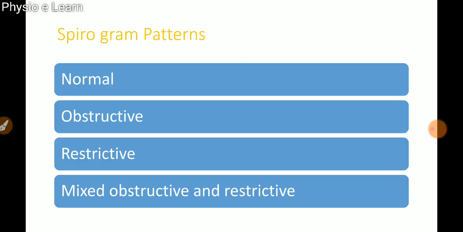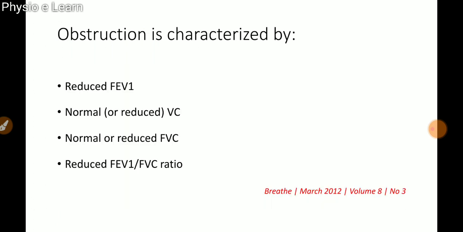Normal spirometry patterns: we have the normal pattern, obstructive pattern, restrictive pattern, and mixed obstructive and restrictive pattern. Let's see what you can see in an obstructive pattern. The hallmark of an obstructive pattern is reduced FEV1 and a reduced FEV1 by FVC ratio.